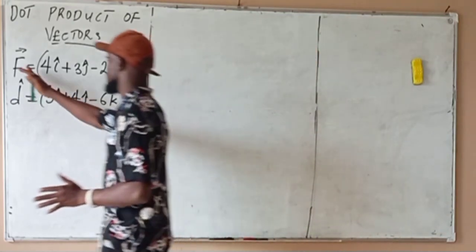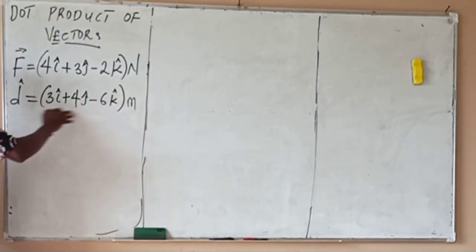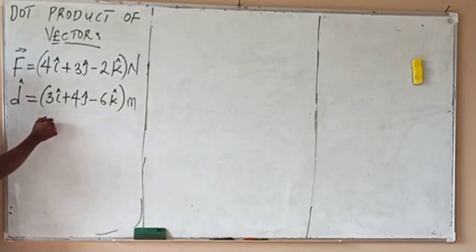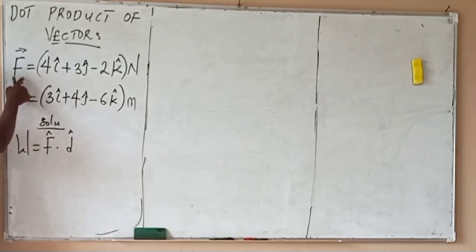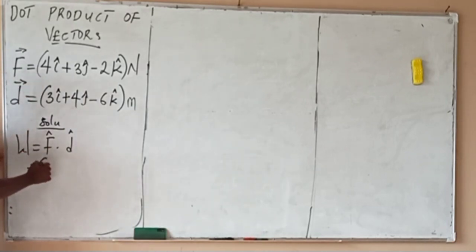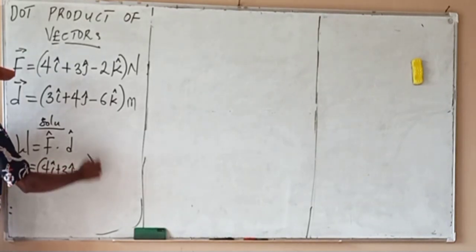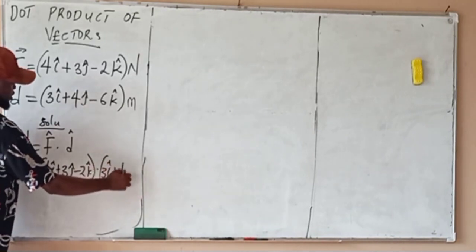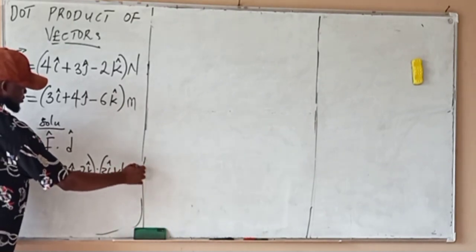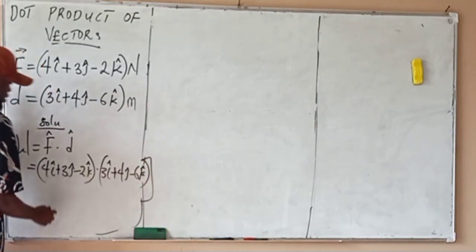The force is moved through this displacement in the direction of the force. Solution: work done is equal to F dot D. F is 4i plus 3j minus 2k, dotted with the displacement 3i plus 4j minus 6k.